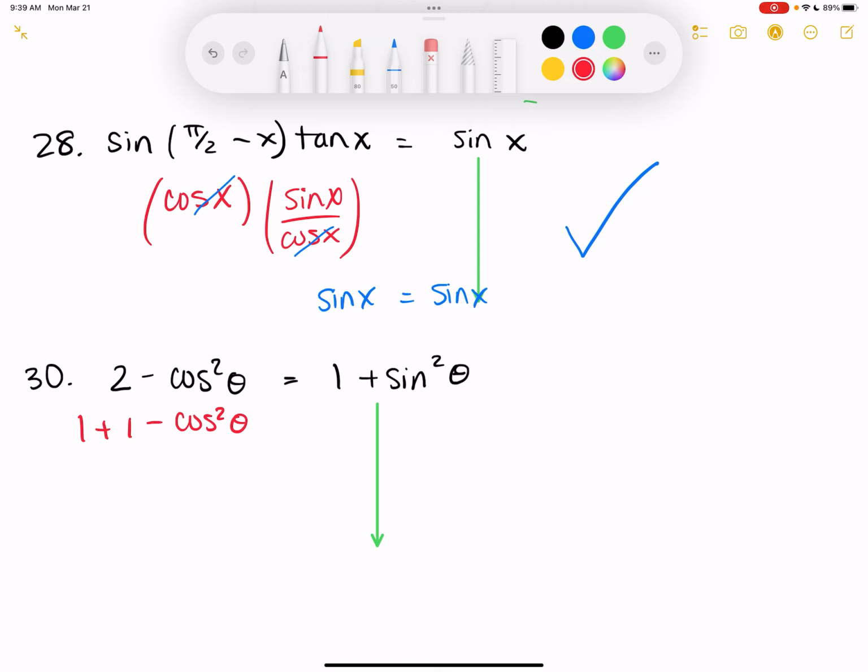So if I were to do 1 minus cosine squared of theta, what would that be equal to? Sine squared. So 1 plus sine squared of theta equals 1 plus sine squared of theta, because this part here converts to sine squared of theta.